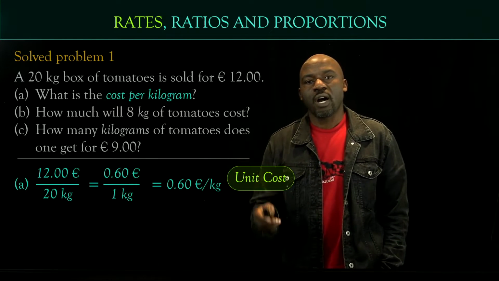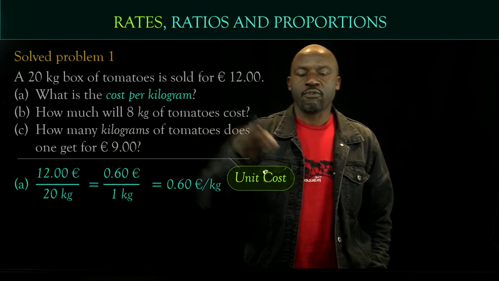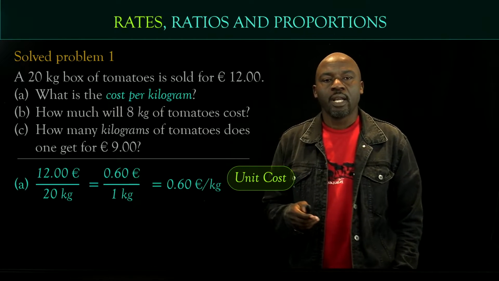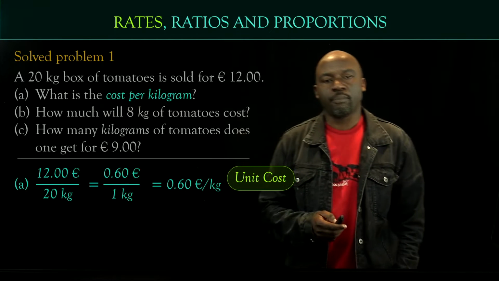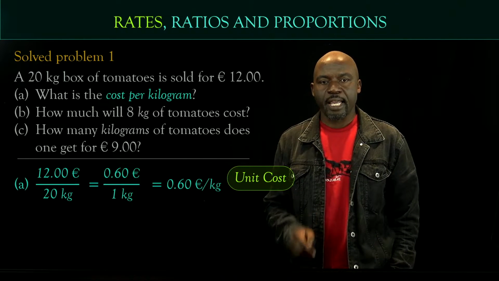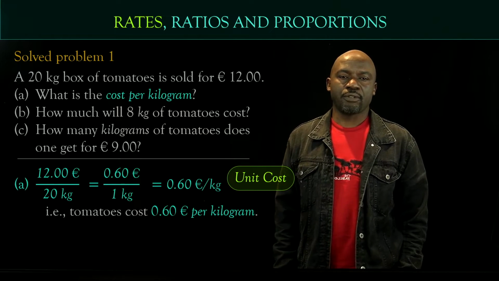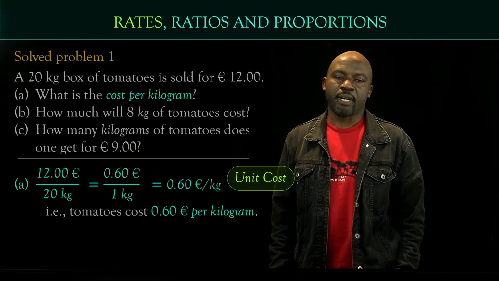So how much will 8 kilograms of tomatoes cost? Well, 1 kilogram costs 0.6, so 8 kilograms must cost 0.6 multiplied by 8. So we know that the tomatoes will cost 0.6 euros per kilogram.